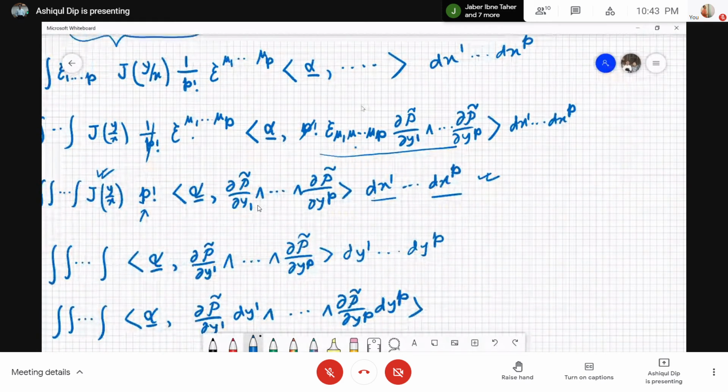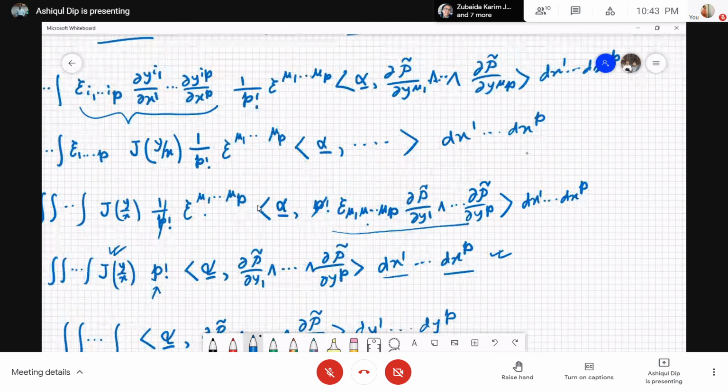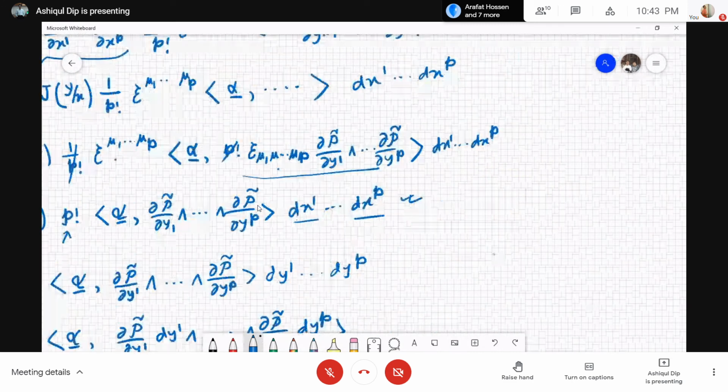Delta p tilde by delta y1. Actually, as you can see over here, I had delta p tilde by delta mu1, mu2 and up to like that. So the question I'm asking is, what's the relation?